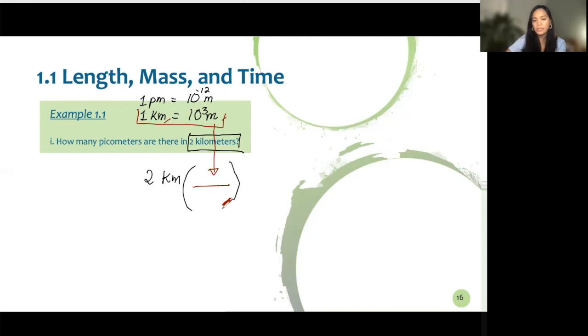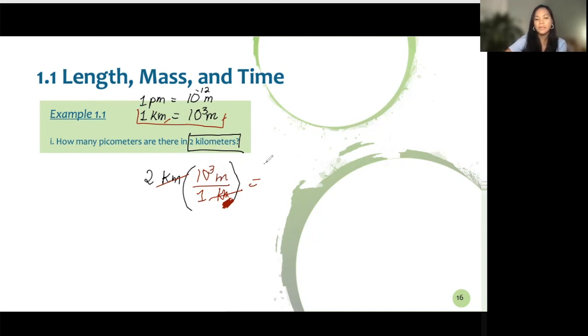Kilometer or meter? Kilometer. Thank you for your answers, guys. The kilometer version. Why? Because you want to cancel this.